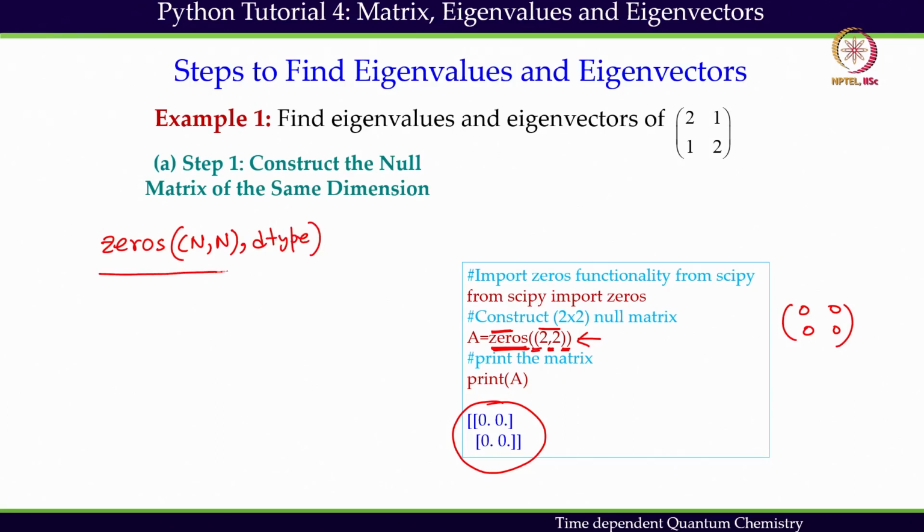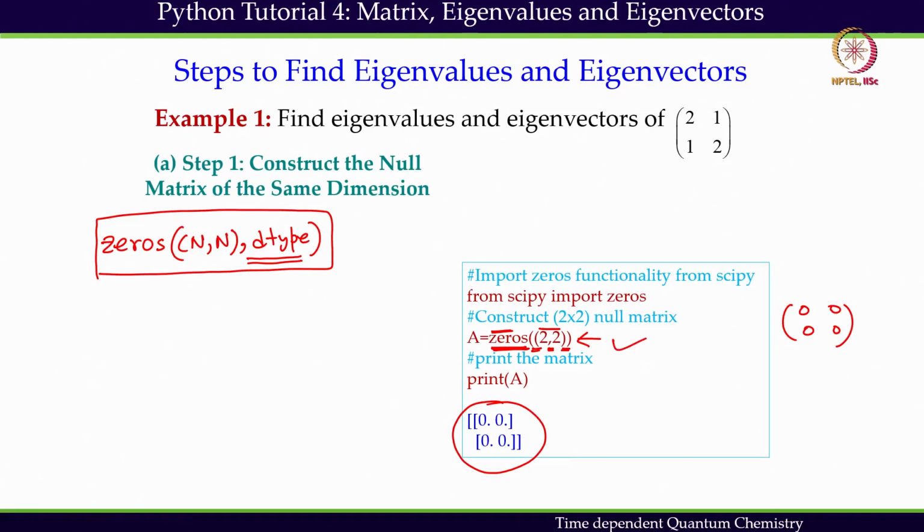This is the actual functionality, where we haven't used the data type option, because the dtype option is optional, and that's why we haven't used it. But if we use that, then it defines what kind of data type I need, a floating data type or an integer data type. But I am not using it here because it's optional.